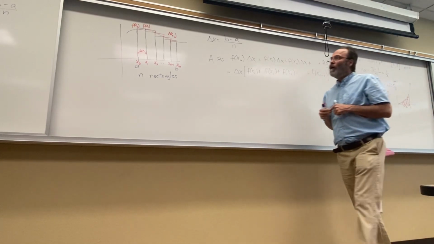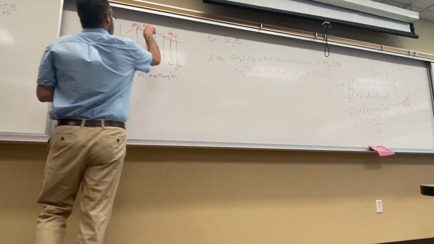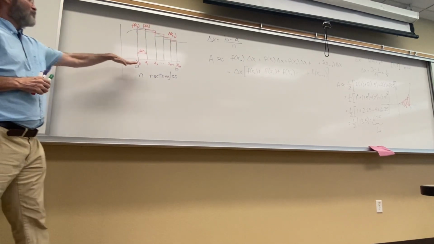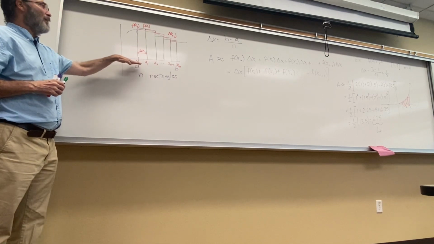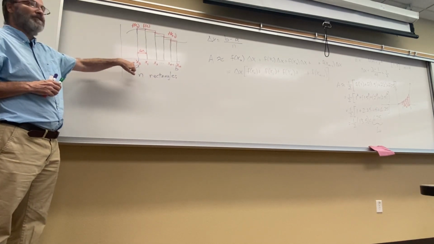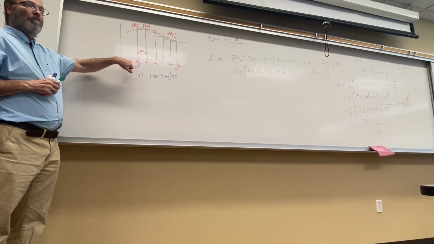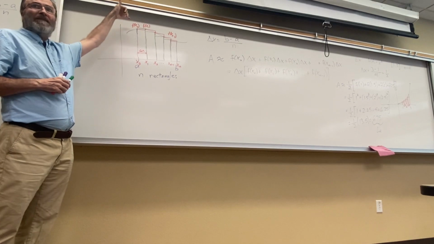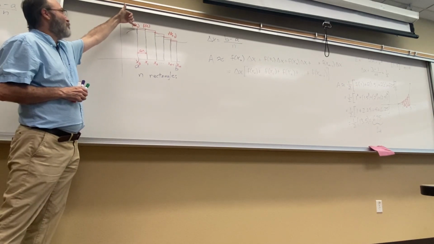So looking at the green, ignore the red. Which values down here is it touching the curve at? The green ones. Is the green on the curve above x0? No, it misses it. So the green up here is above the curve.